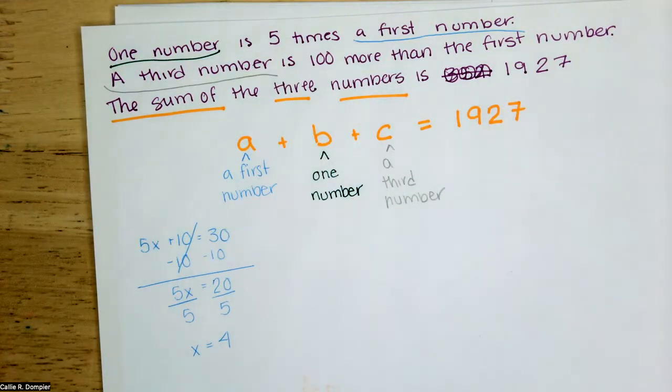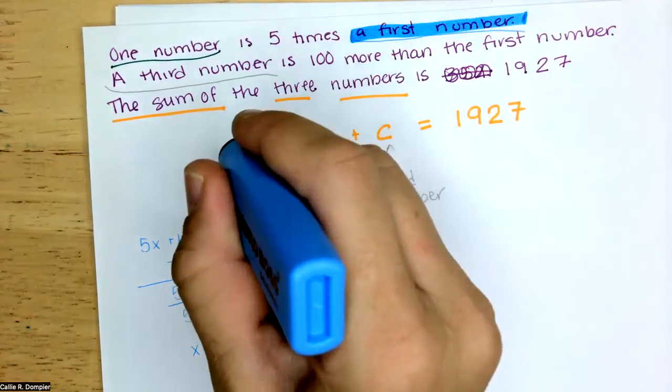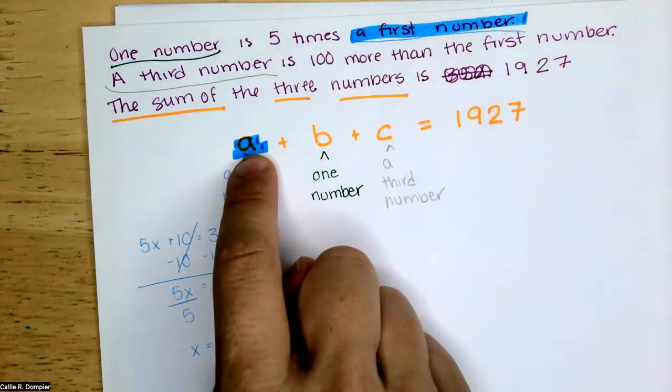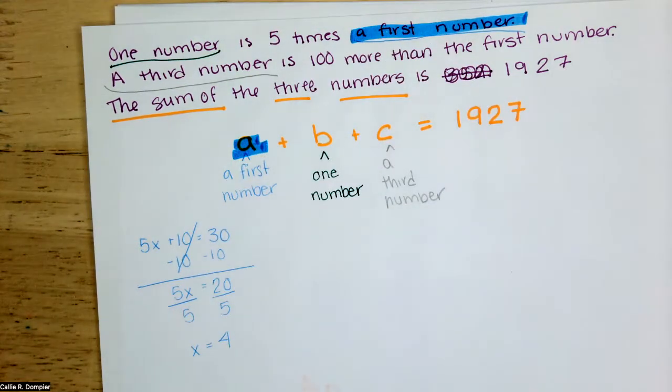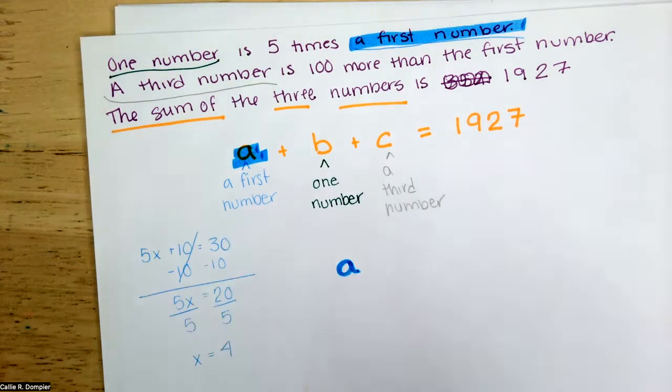So let's look. The first number we can just leave as A. The first number remains A. Good. And then we need to write the letter B. We call it in terms of A, okay?